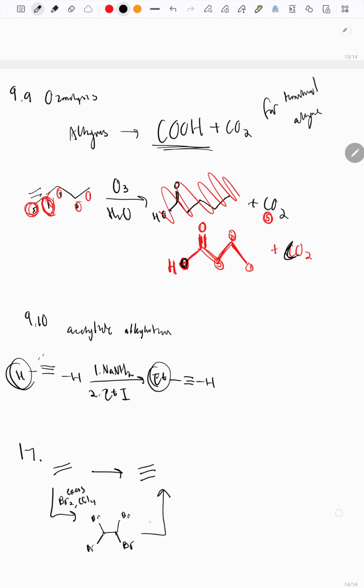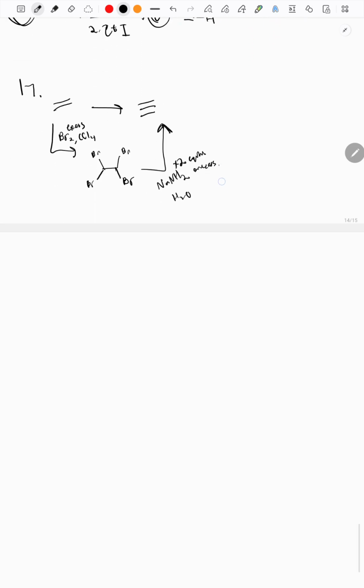We can do NaNH2, a strong base that can double eliminate, or excess double eliminate dihalides, and use H2O obviously, and we get that. Br2 and excess, that's how you get 4. And NaNH2 strong base, that.